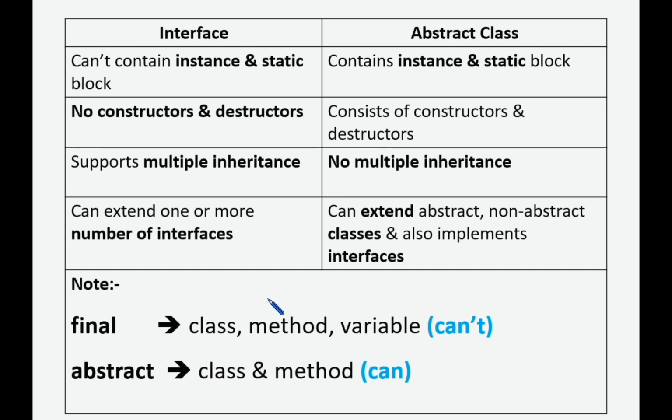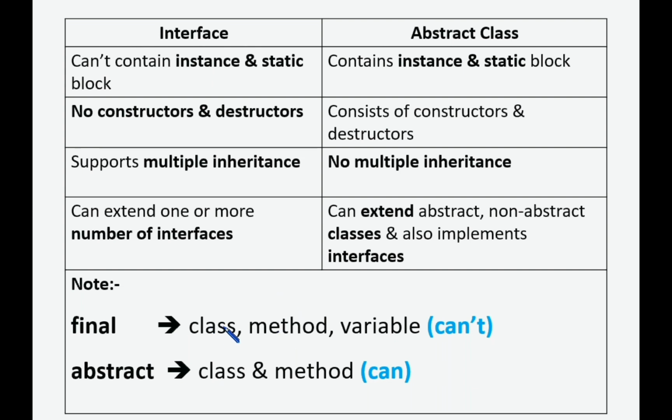If it is a final method, we can't override. If it is a final variable, the value will be constant, so we can't change the value. Whereas with abstract, an abstract class can be inherited, and an abstract method can be overridden. Everything is can. So the opposite of final is abstract.